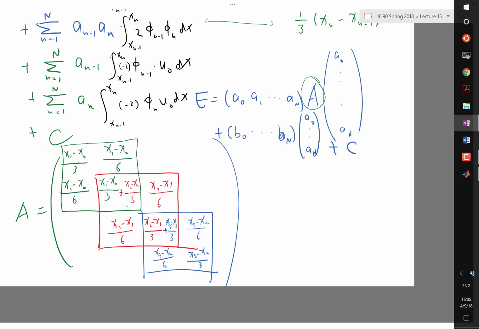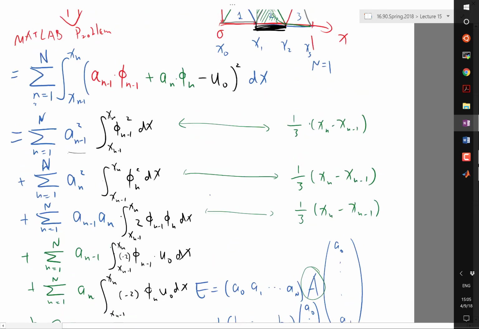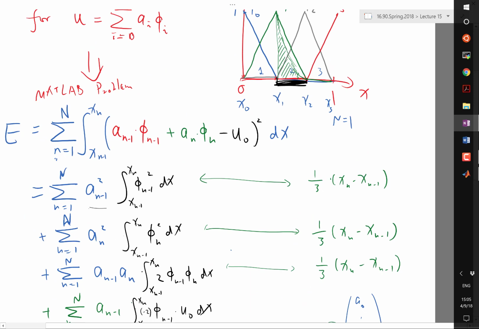This small element matrix is usually a square matrix, and the number of rows and number of columns in that matrix is the same as the number of non-zero basis functions in that element. So here, for each element, we have 2 non-zero basis functions. Therefore, each submatrix is 2 by 2.